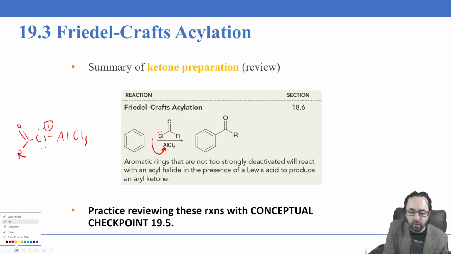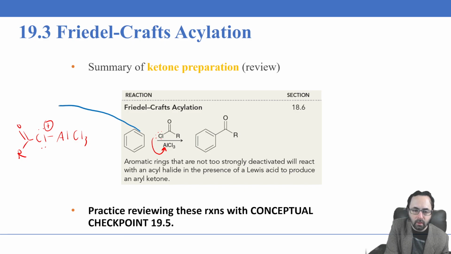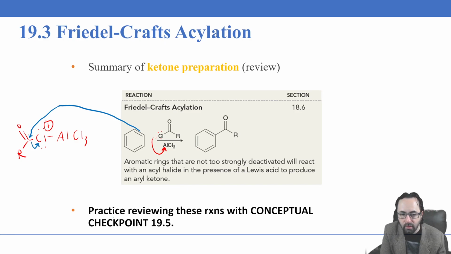Then we have a subsequent nucleophilic attack, and that nucleophilic attack results in a bond being formed right here. Then these groups leave, and you ultimately get this carbonyl here. And of course that goes through a sigma complex intermediate that stabilizes the intermediate and ultimately recovers the stability of this benzene ring.